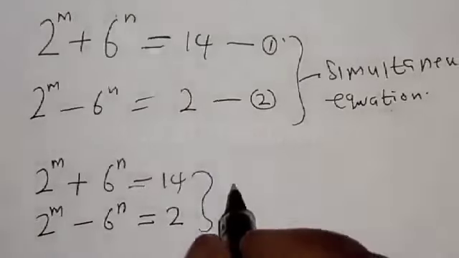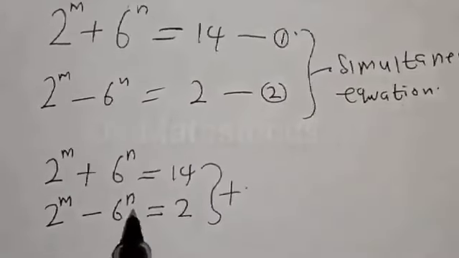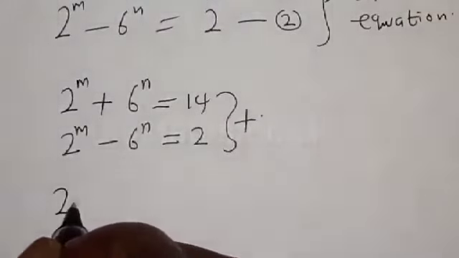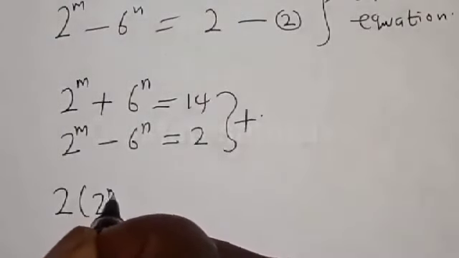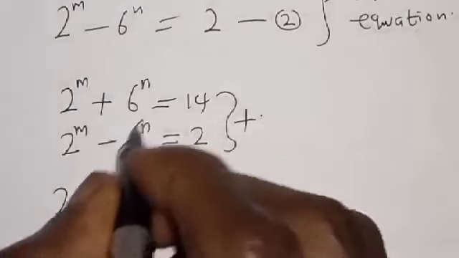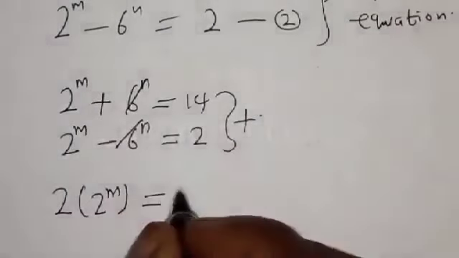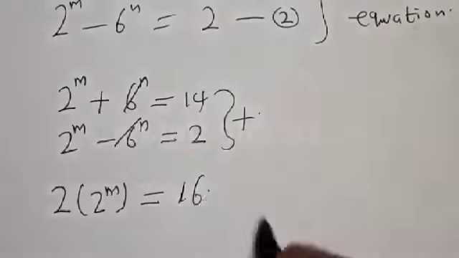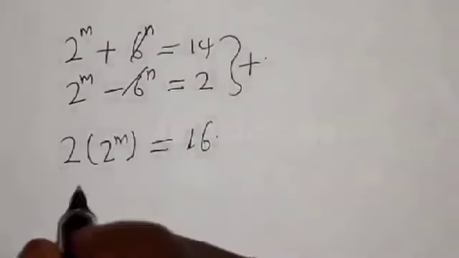Let's add equation 1 and 2 together. We have 2 times 2^m, as 6^n cancels, is equal to 14 plus 2, that is 16. Now, divide both sides by 2.